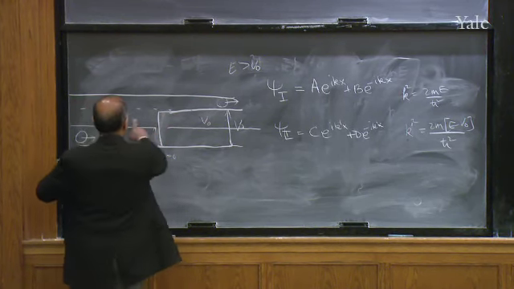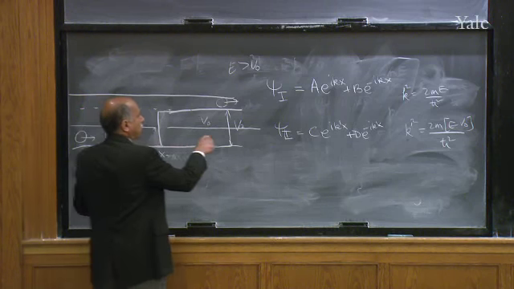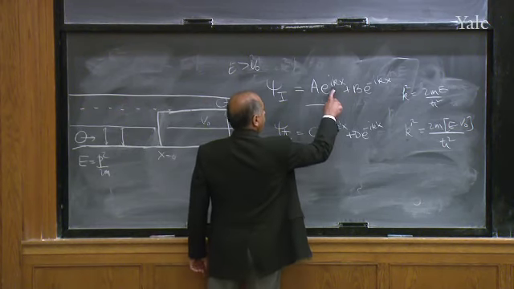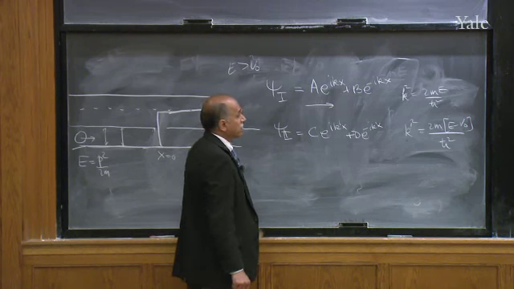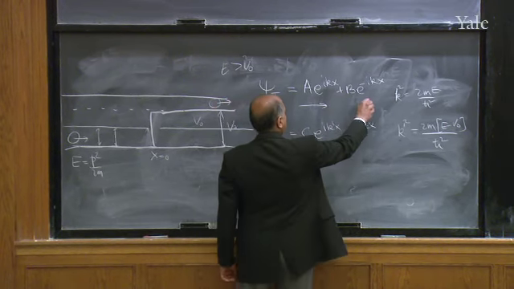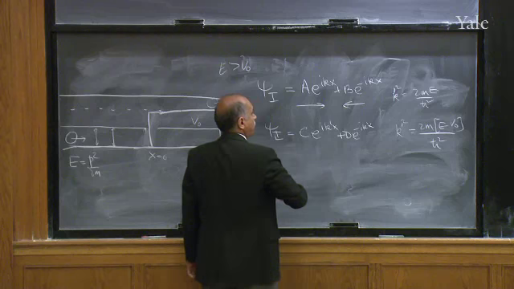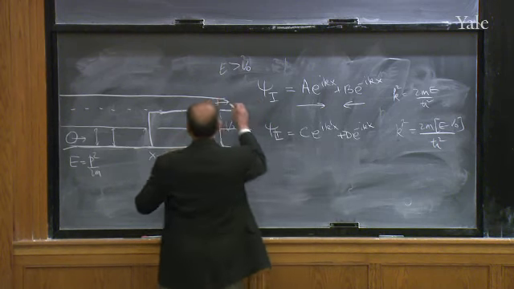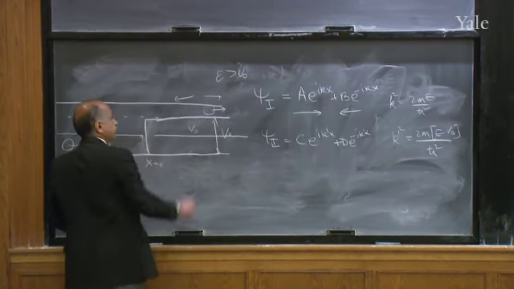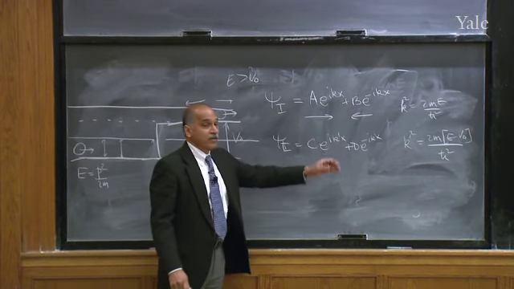So the wave function in this region has an incoming right-moving wave of momentum h bar k. It has a reflected wave of momentum minus h bar k. And in this region, again, it has a right-moving and a left-moving part, because this k can be of either sign.